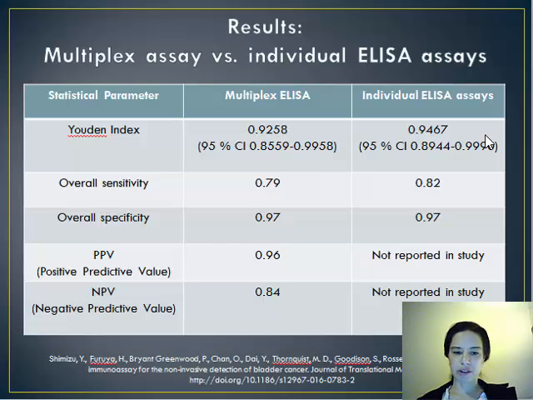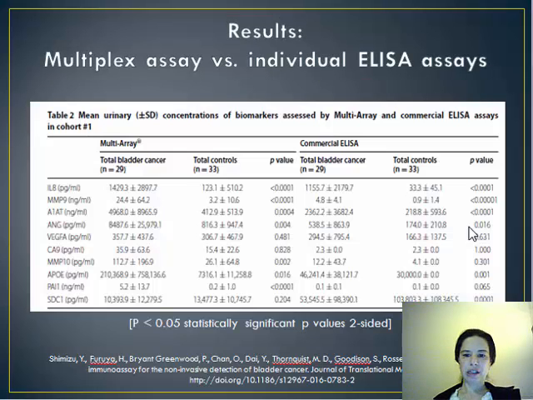So again, we also have 2 other predictive values here. The PPV is your positive predictive value. So basically this is a statistic that determines if you have a positive sample, is it going to really show up positive. And then the negative predictive value is the probability that if you have a negative sample, it's going to screen negative. And so again, these were close to 1, so overall the assay did perform well.